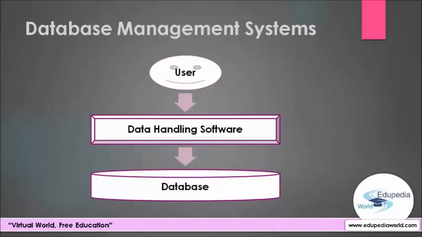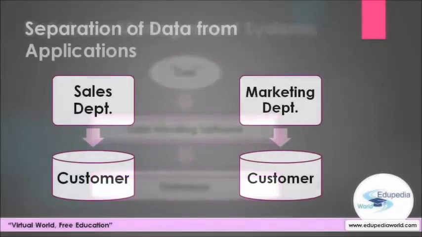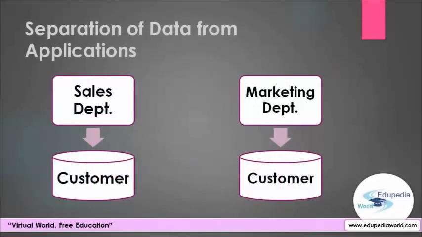Actually, it is undesirable for applications to be data dependent. The traditional approach to storing data in a company was for everyone to store their own data separately. Look at this illustration.